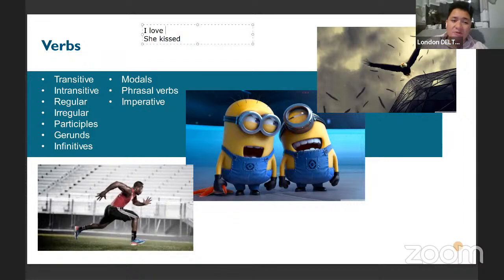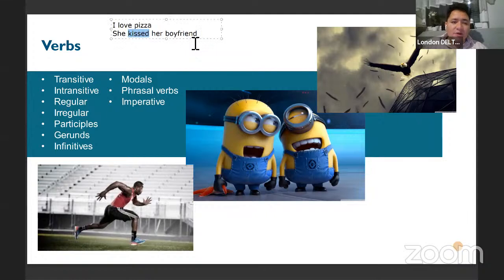You need to say the object. I love pizza. She kissed her boyfriend. In this case, pizza is a noun, but it's the object. Her boyfriend is a noun, but it is the object. So love and kiss are transitive.